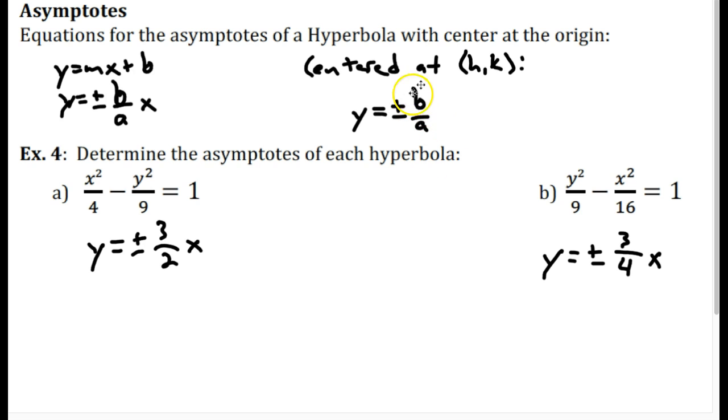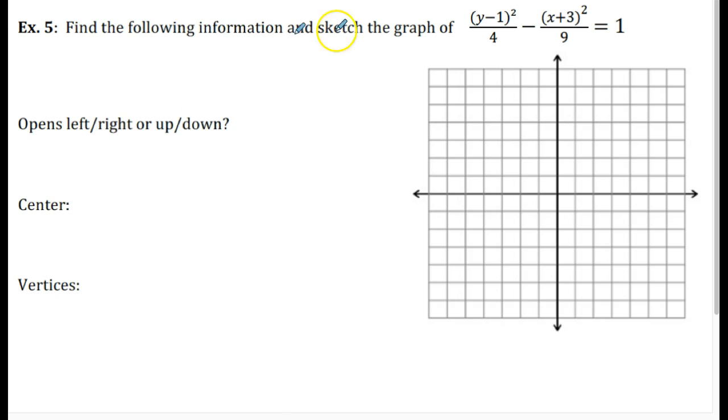We're still taking the change in y over the change in x, but then we'll just have to account for h and k. So these would be the equations of the two asymptotes if we're not centered at the origin, all right? So a couple more examples.